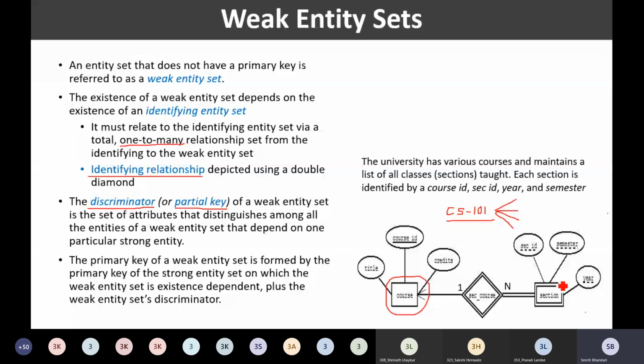So once again I am highlighting the concept. The weak entity set does not have its own primary key, but it has the partial key or the discriminator.